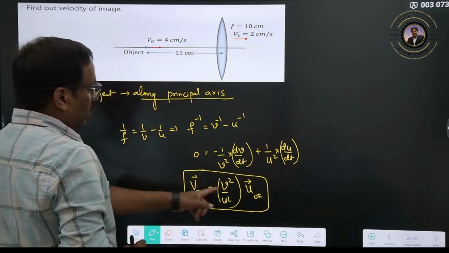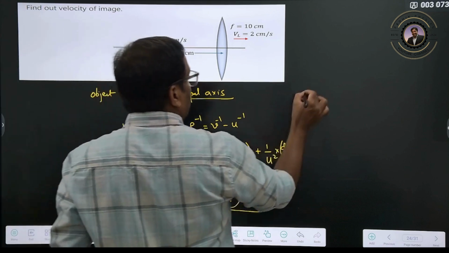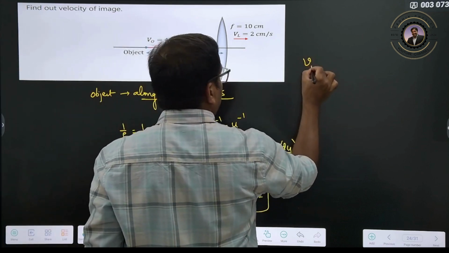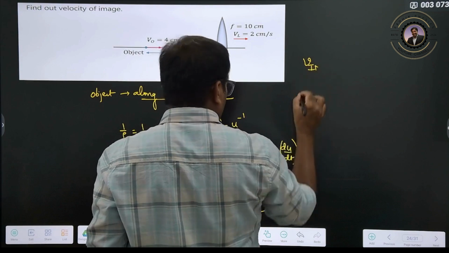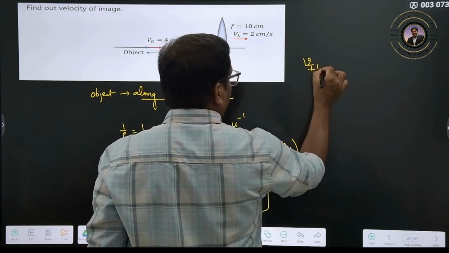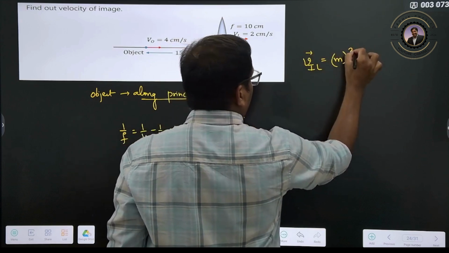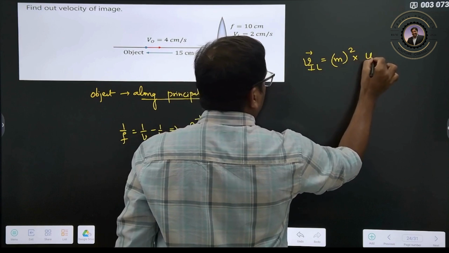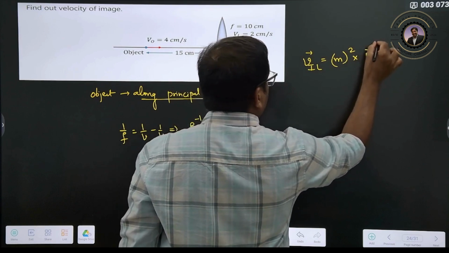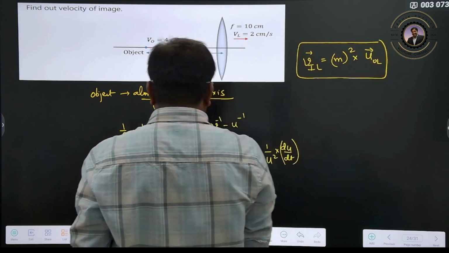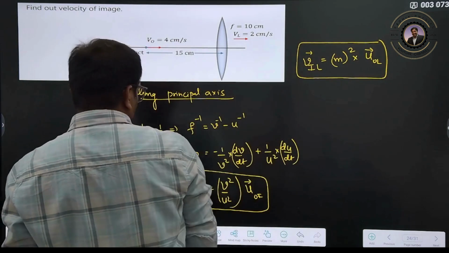So, this is (v by u) whole square. Therefore, we can rewrite it as: velocity of the image with respect to the lens can be written as magnification square into velocity of the object with respect to the lens. Clear? Still more clearly we can write it now.